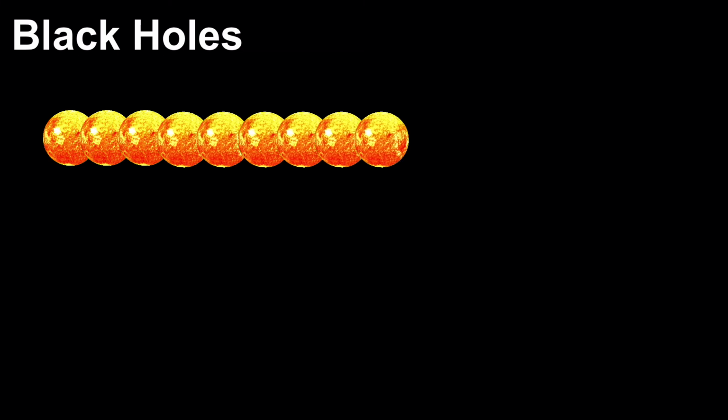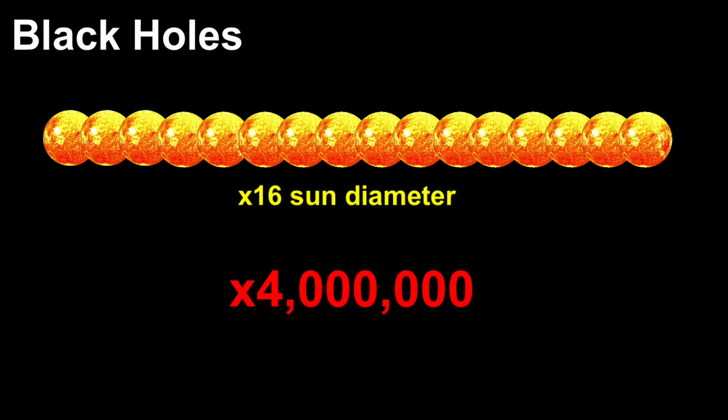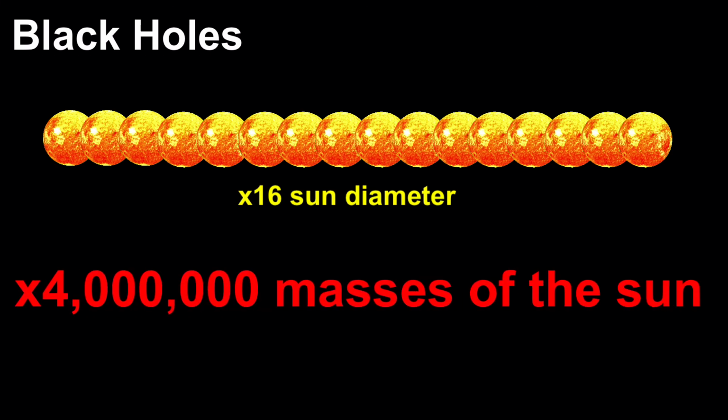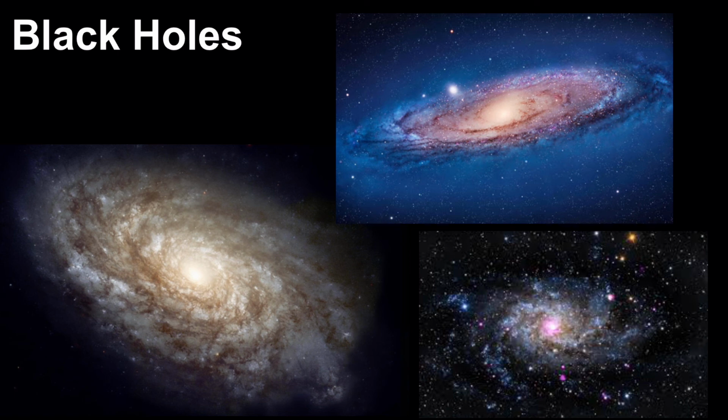To understand that better, the diameter of this black hole is about 16 suns across and holds 4 million times more stuff inside it than our sun alone. That is a lot of mass. We don't really understand how these black holes became so large, but these black holes hold together galaxies.